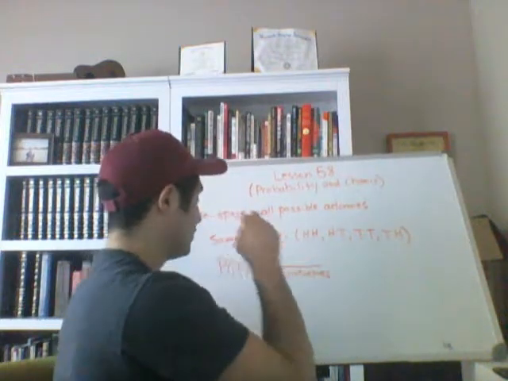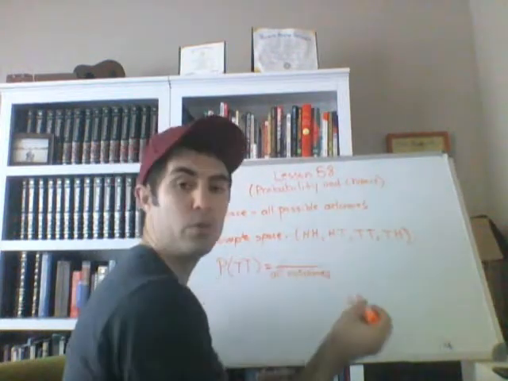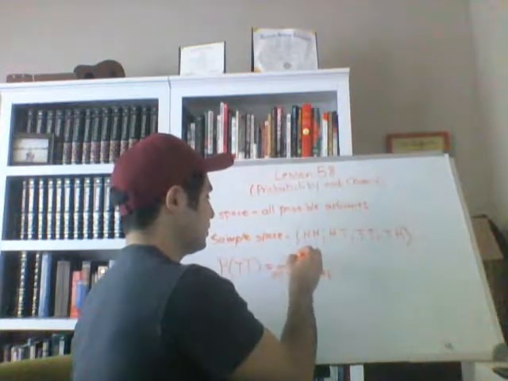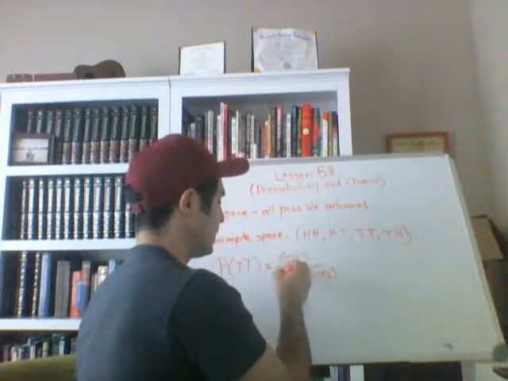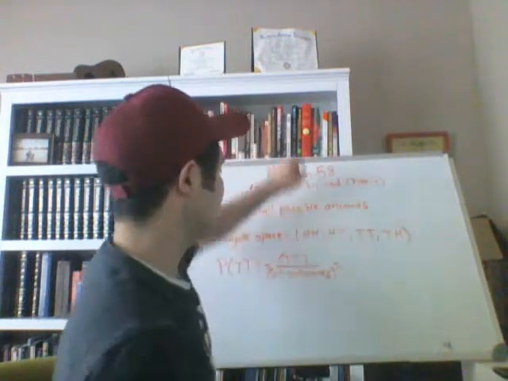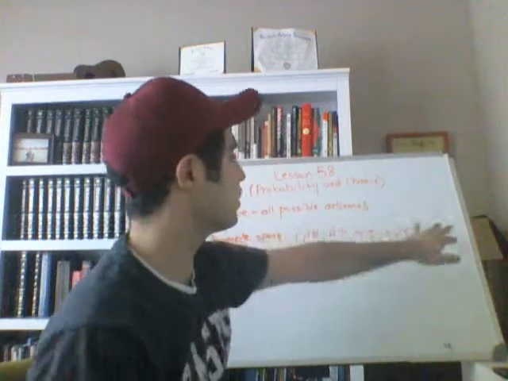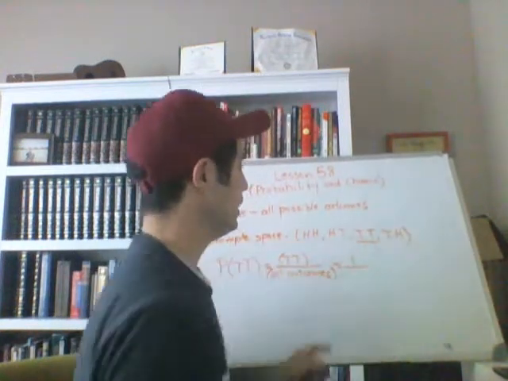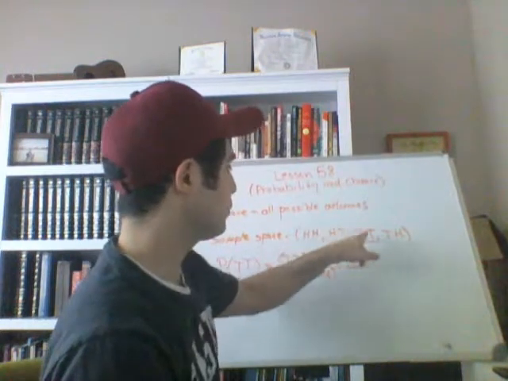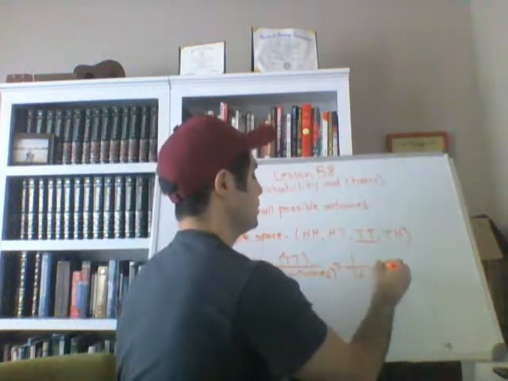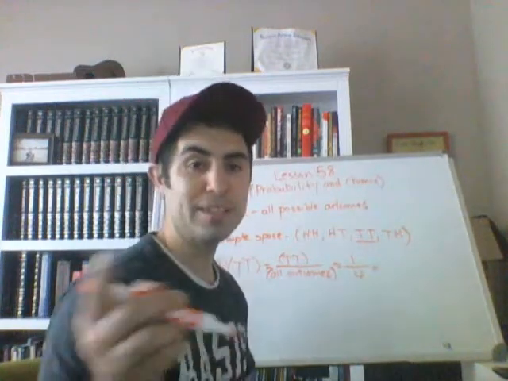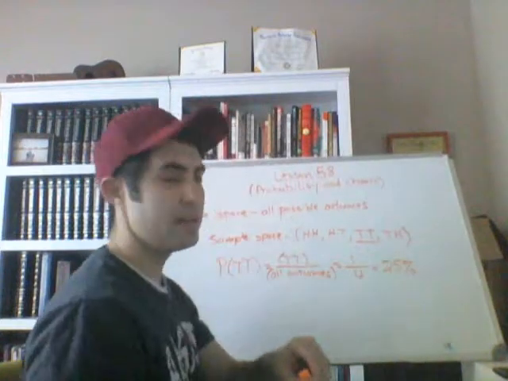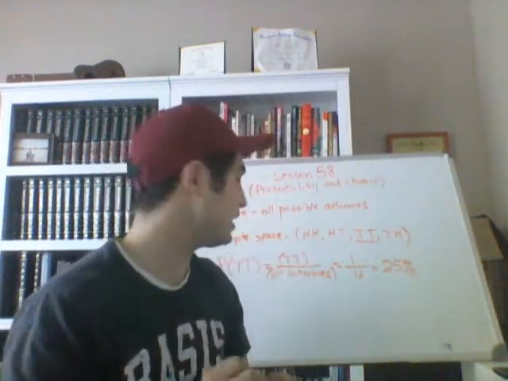And then the likelihood that an event will occur, let's say that you get 2 tails, goes on top. Okay? So 2 tails, how many different scenarios come up with 2 tails? And the answer is 1. 1 scenario. And then how many total outcomes are there? 1, 2, 3, 4. 4 possible outcomes. So you have 1/4, which you guys have memorized, is 25%. Alright? So you have a 25% chance of winning.